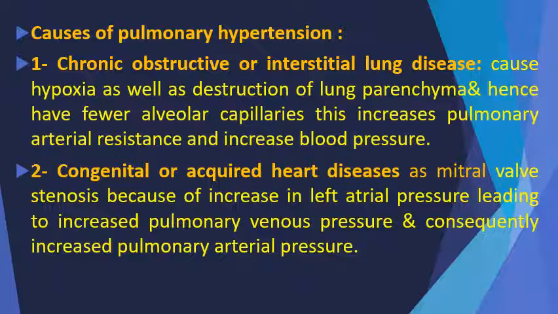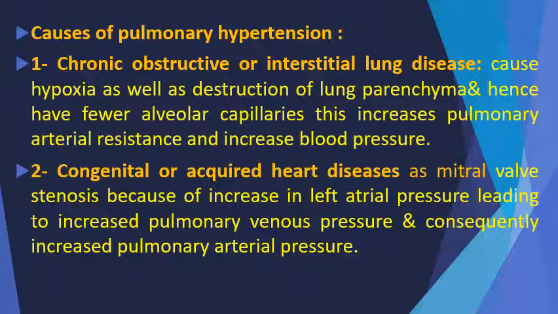This leads to increased pulmonary arterial resistance and increased blood pressure. Therefore, one of the complications of chronic obstructive airway disease, COPD, and of interstitial lung disease is pulmonary hypertension.